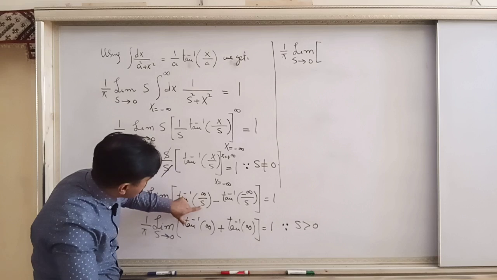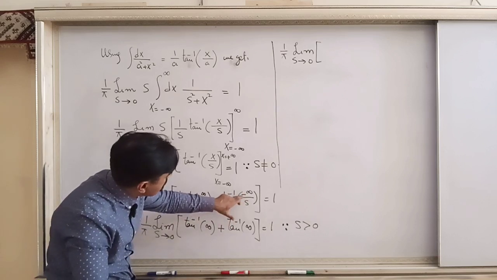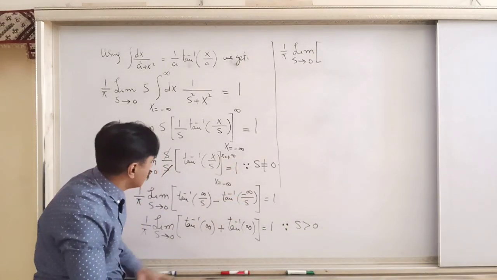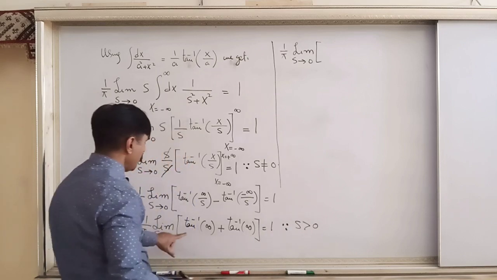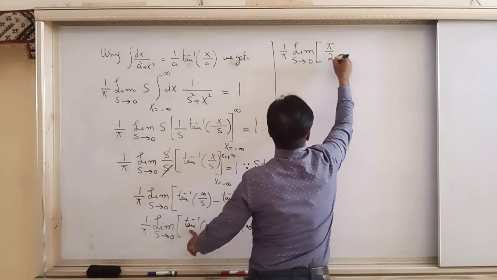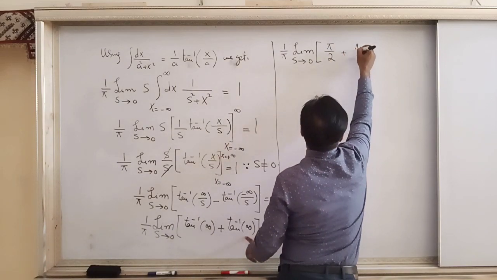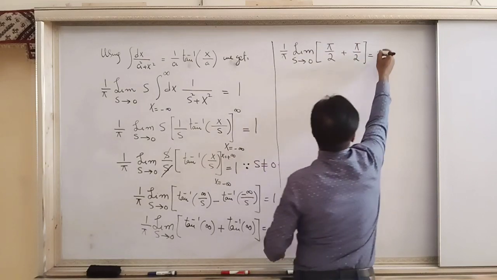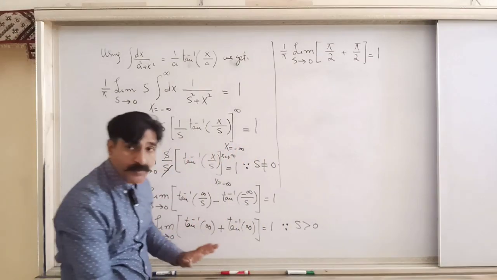Look, if s is negative, then this will become negative, and this negative will get cancelled, and it will become positive. So the things may change. Okay. Tangent inverse infinity is pi over 2, and plus tangent inverse infinity again pi over 2, and it is equal to 1. Right? Listen again, this is an important point.